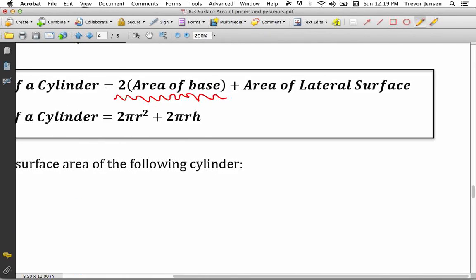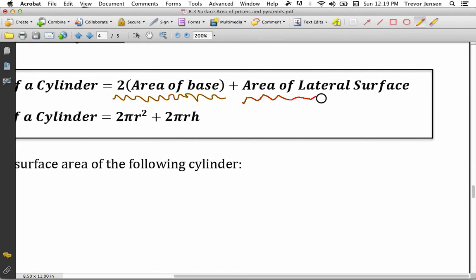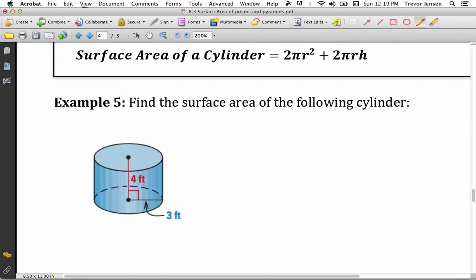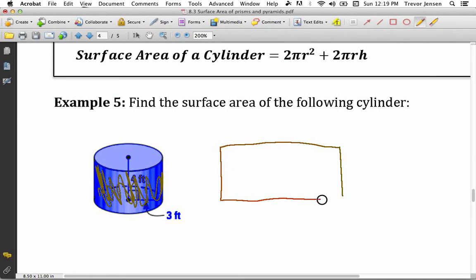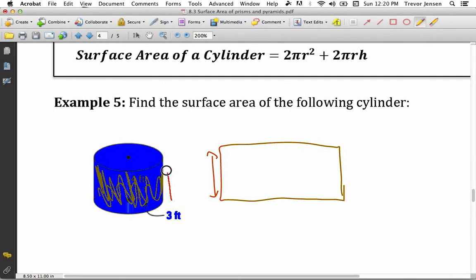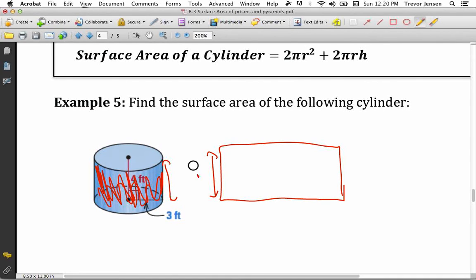Plus, I need to add the area of the lateral surface. So I need to figure out how to calculate the area of the surface around the outside of this. If you were to unwrap this cylinder, that surface is actually going to form a rectangle. Once it's unwrapped, this part is equal to the height of the cylinder, so that's going to be our h.